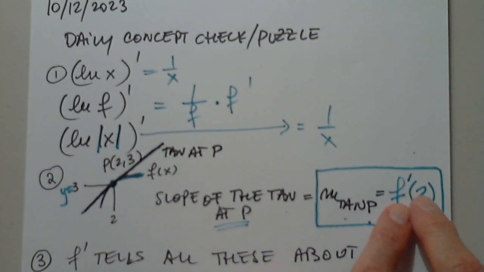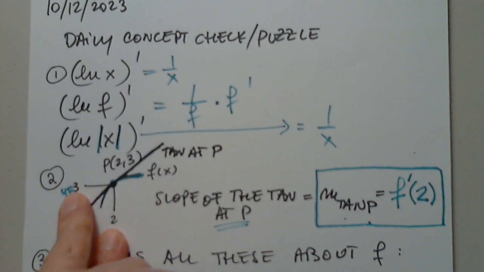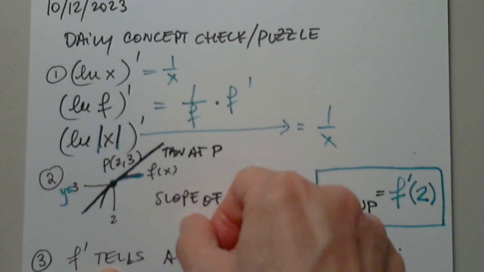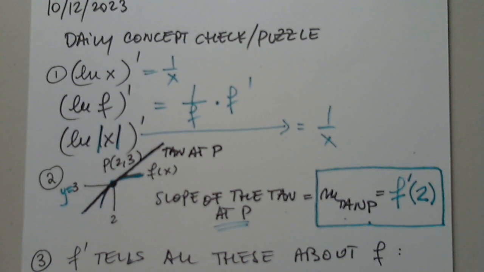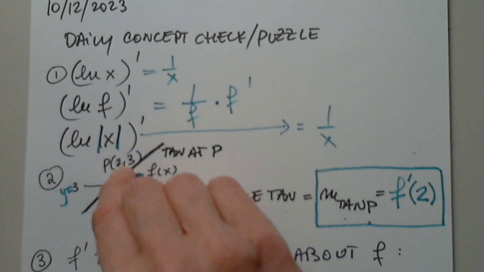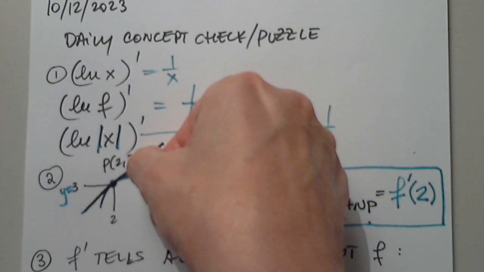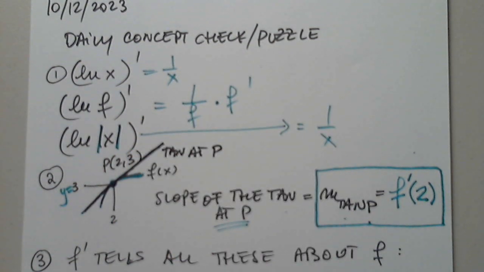If I want to evaluate f prime, I plug in 2. I cannot plug in 3. We only plug in the x values. In the function, the derivative, the second derivative, in any function, we never plug in the y value. We plug in the x value to get the y value, not the other way around. Is that clear for everyone? I'm going to ask this every class moving forward.